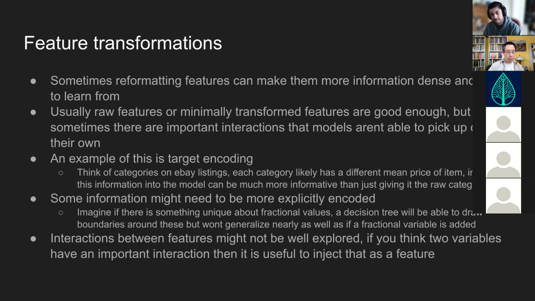That's something the model can learn, but it will take way more splits if you don't represent that ratio. If you know there's some interaction between two variables that's very valuable, you should encode that yourself, because you can't guarantee that it will be picked up by the algorithm itself.